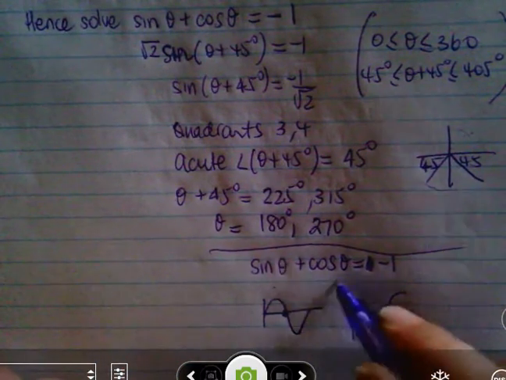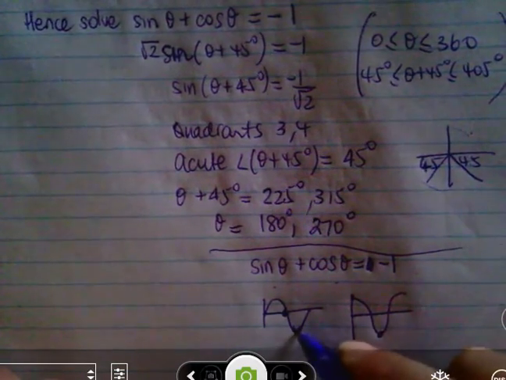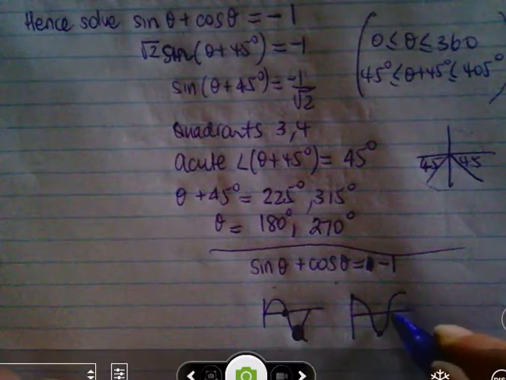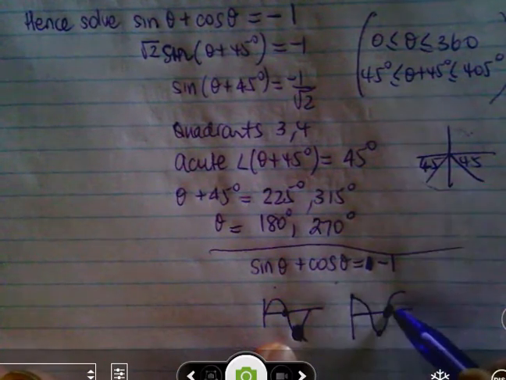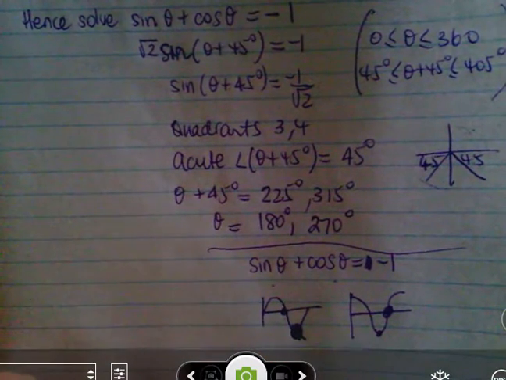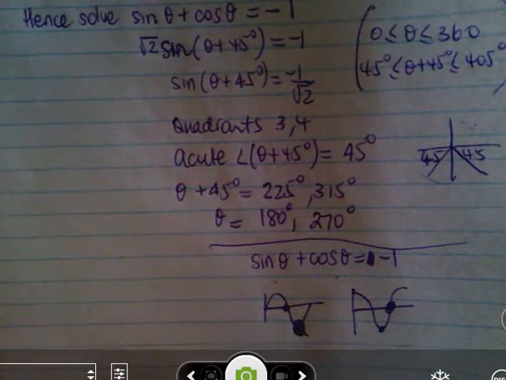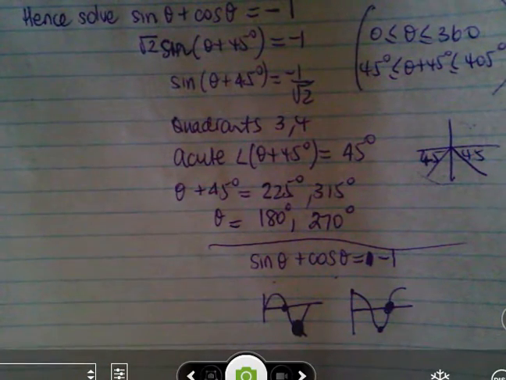That works, 0 plus -1. And if you look at the 270 results, they're the bigger circles, sine of 270 is -1, cos of 270 is 0, and they both work. Do you see that? So when the answers are like 90, 180, 270, you can check them, all right?